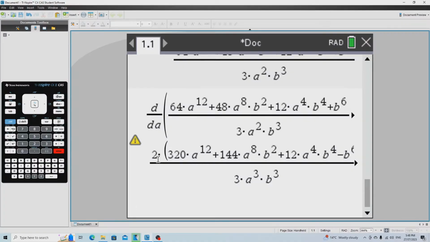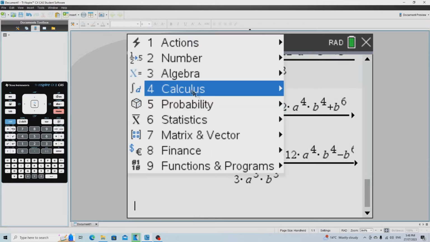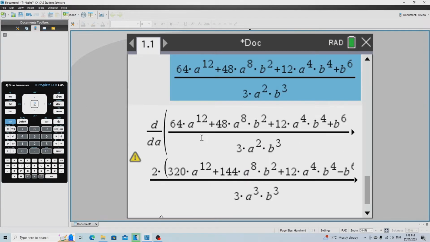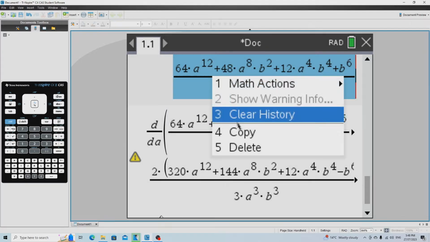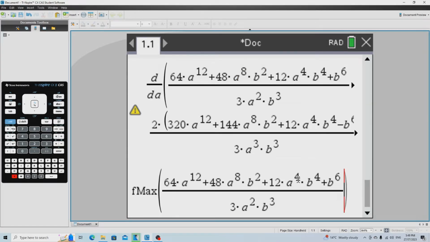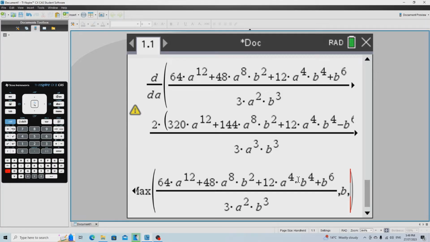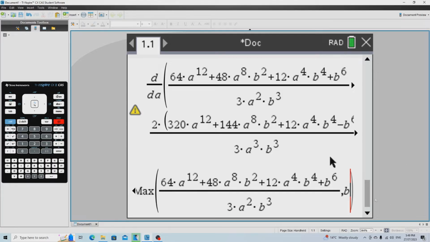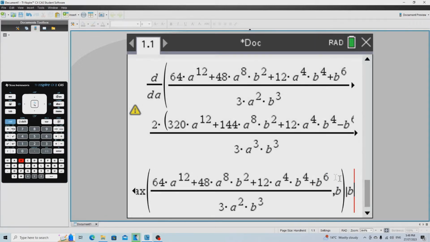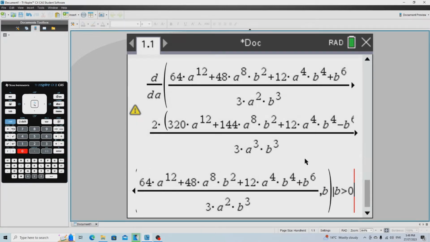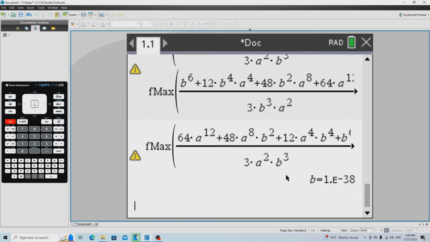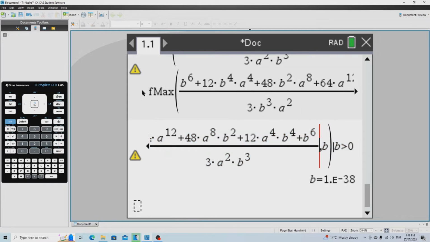Oh, well, we don't actually need that, we can just do a quicker method. We can just find the maximum by going menu, calculus, function maximum of this, the area, copy that, paste it over here, comma, so we want to find the value of b, where b is greater than 0, control enter. Okay, yuck, what has happened here?